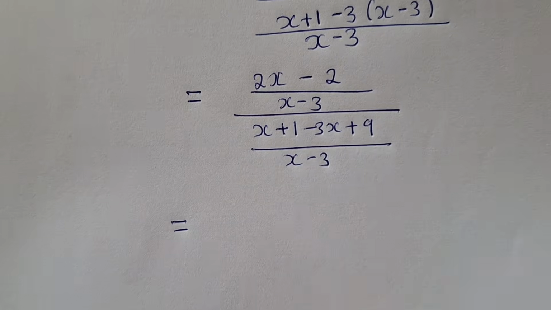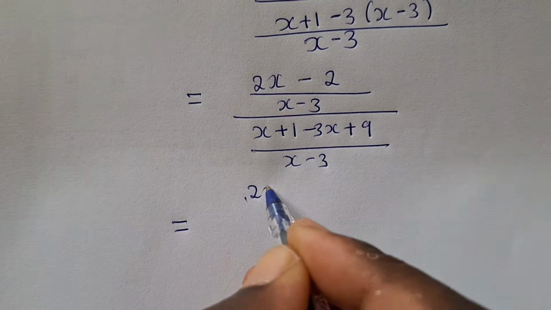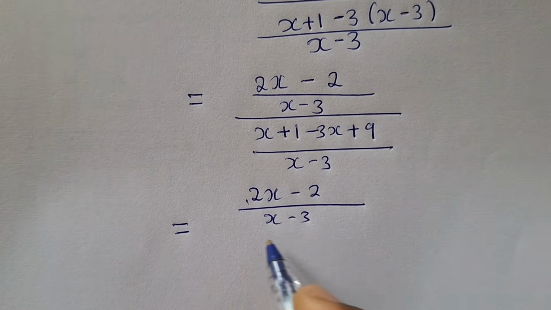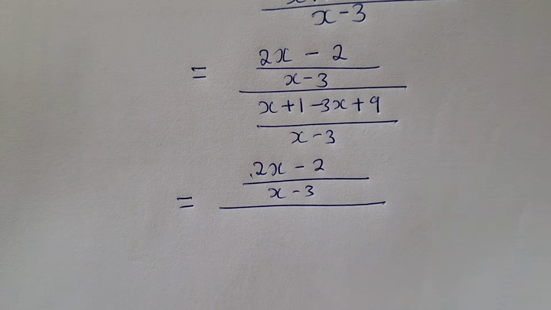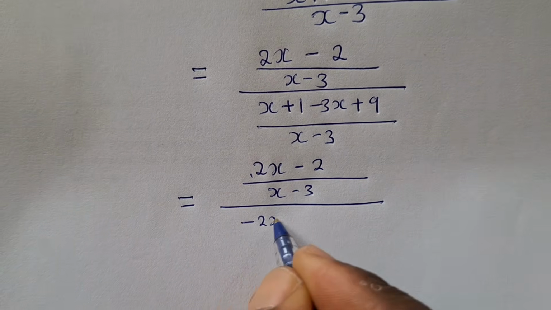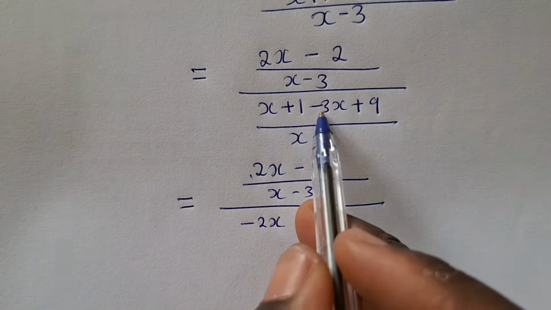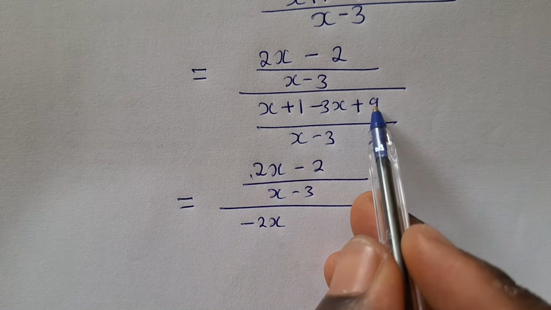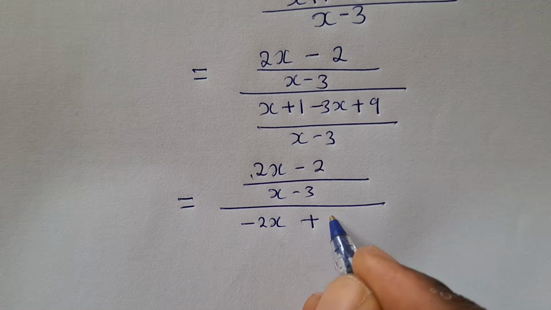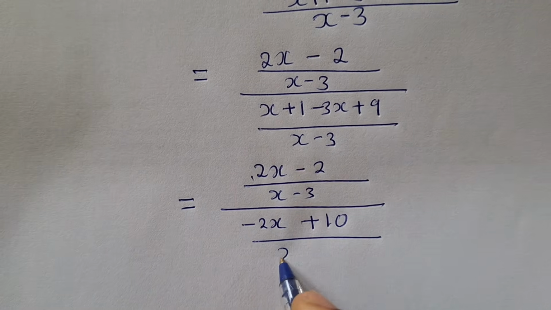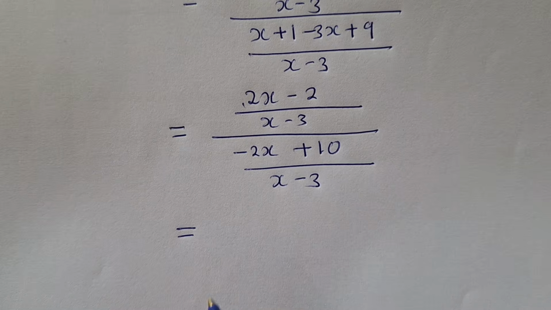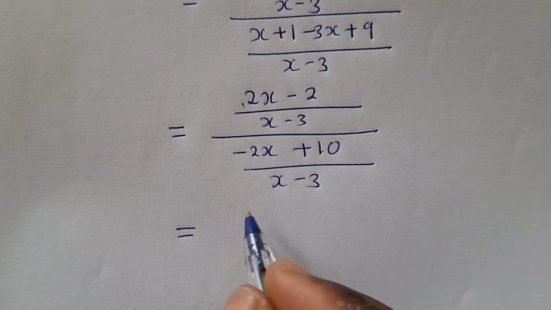Okay, so we can simplify further. We've got 2x minus 2 over x minus 3 over, here it will be negative 2x, because x minus 3x is minus 2x. And then 1 plus 9 will give us a 10 over x minus 3. So from this point, we can divide.